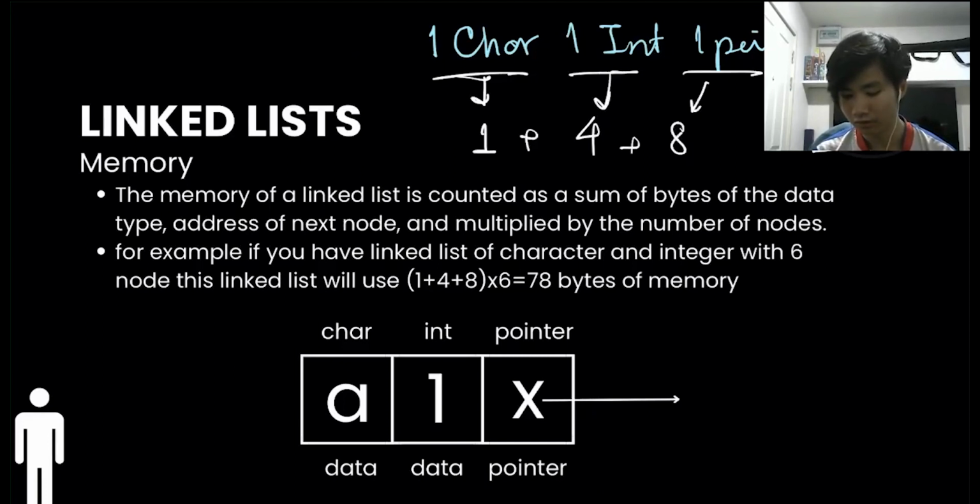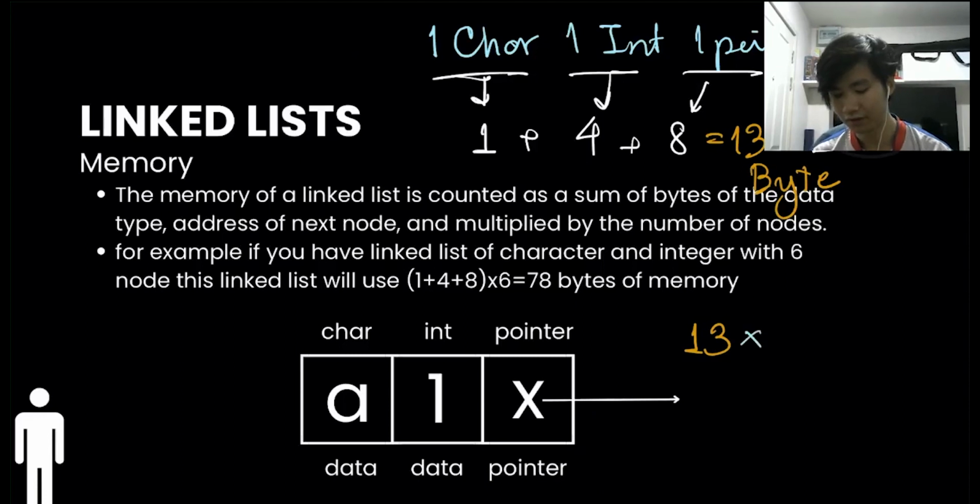So each node will consume 13 bytes. For example, if I have 6 nodes in the list, it will consume 13 times 6, which equals 78 bytes.